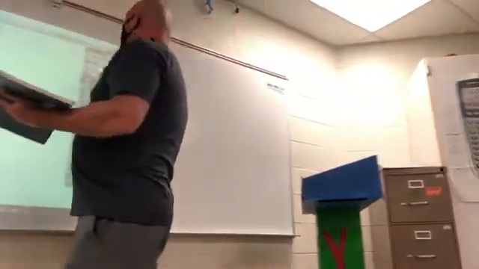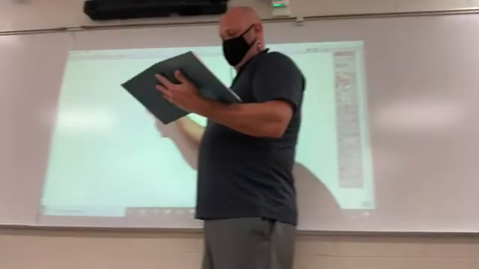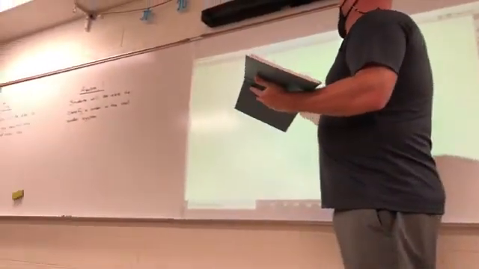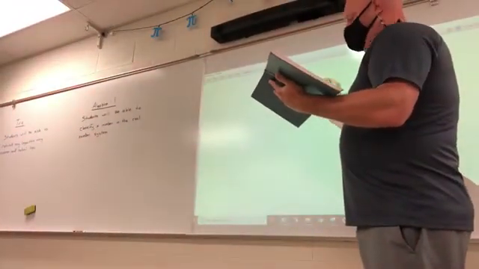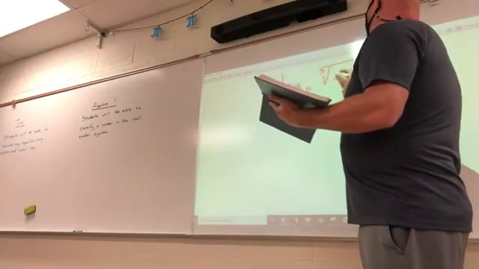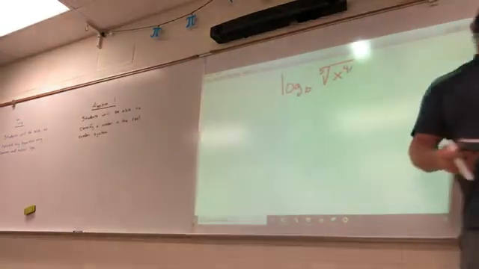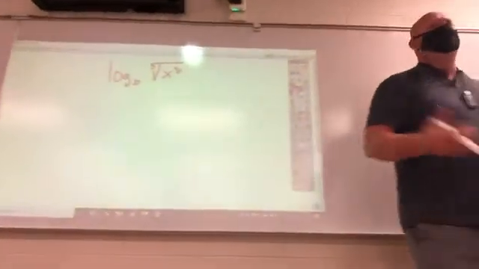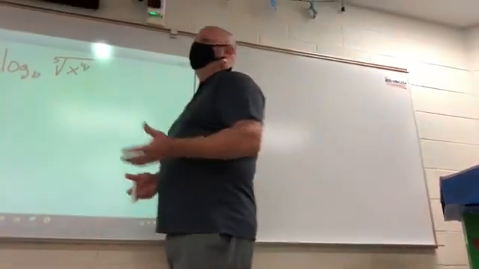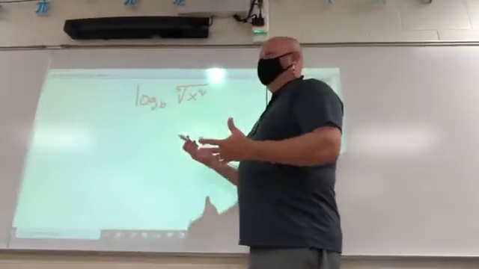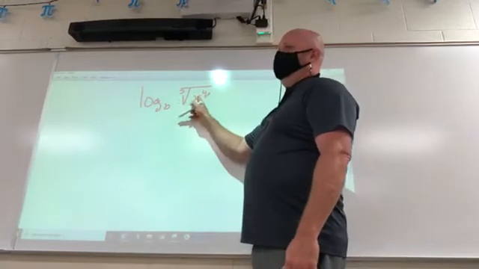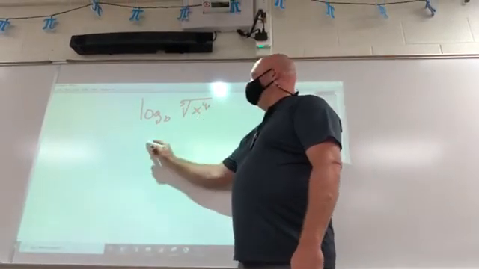So 42 says log base b of the fifth root of x to the fourth. Here's what I would do. Before you even think expanding, is there another way to write the fifth root of x to the fourth?